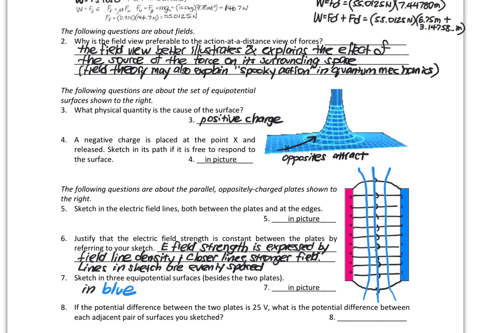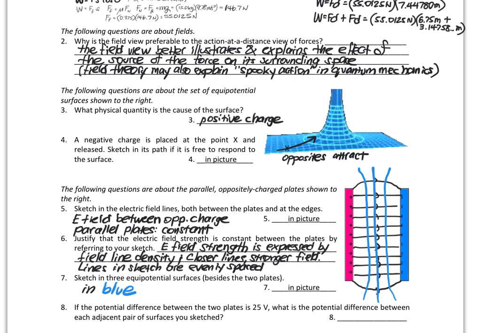Number 5, electric field lines between oppositely charged parallel plates. Oppositely charged parallel plates have an evenly spaced field between them, meaning that at any point between those two parallel plates, the field is the same field strength at all points. That's worth noting. So yeah, the electric field between oppositely charged parallel plates is constant.